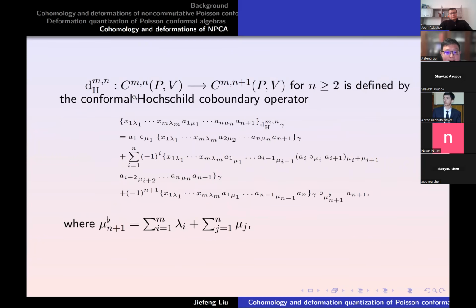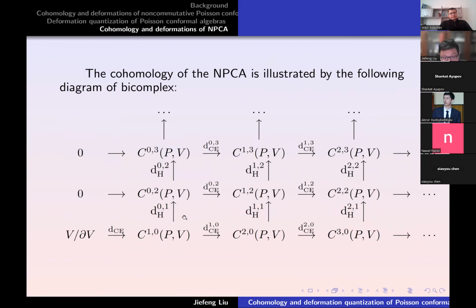D_H^{M,1} minus 1, here the coboundary operator should be defined specially. We first need to expand C10 into the space of C11 space, or this C20 to C11 space here.